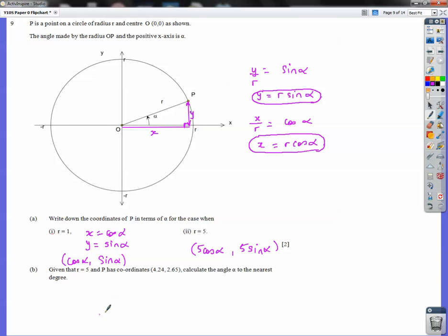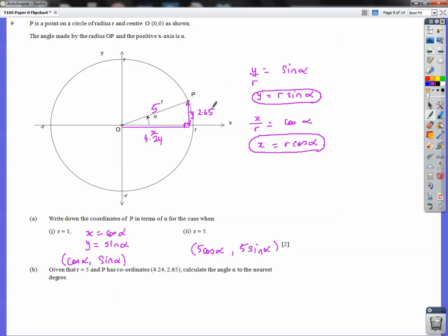Now, part B we can answer in a couple of ways. We're told that r is 5, so we know this length is 5. And we're told that P's coordinates are 4.24 and 2.65. So what we know is that this distance is 4.24 and this distance is 2.65.